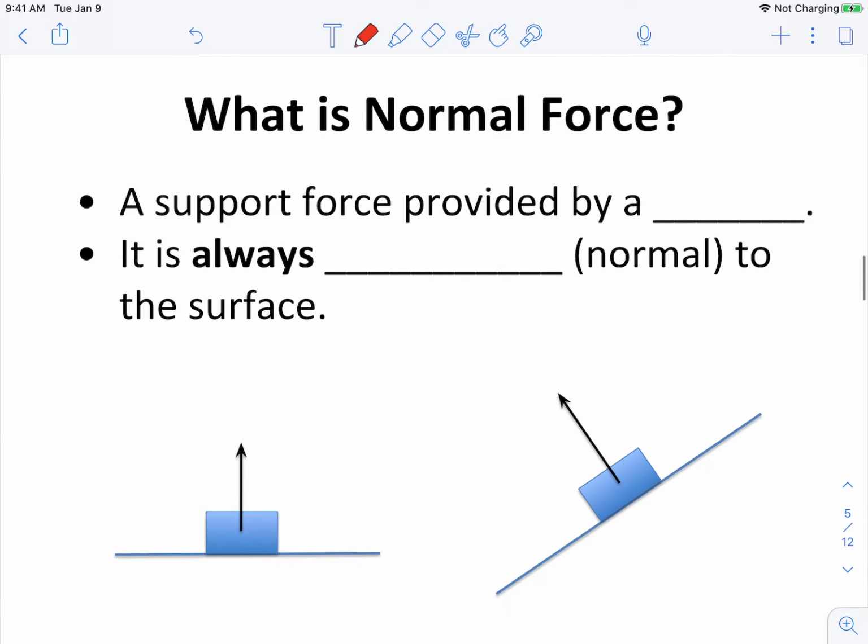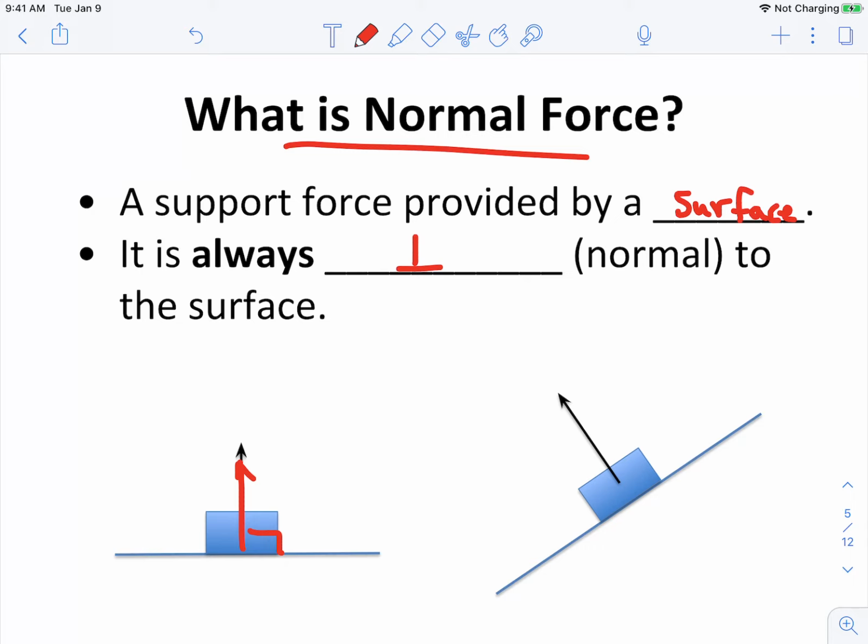So what exactly is a normal force? A normal force is a support force provided by a surface, so it only exists if there's a surface. It is always perpendicular to the surface. Take a look at these two pictures. Here you have the surface pushing up, and it's perpendicular to the surface.